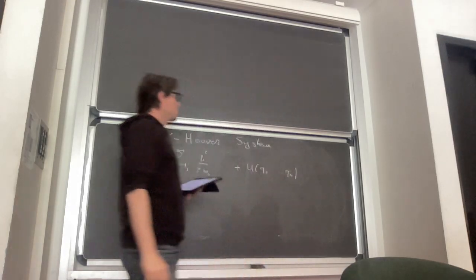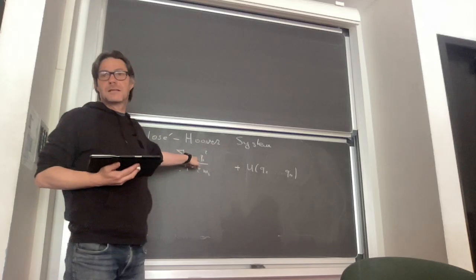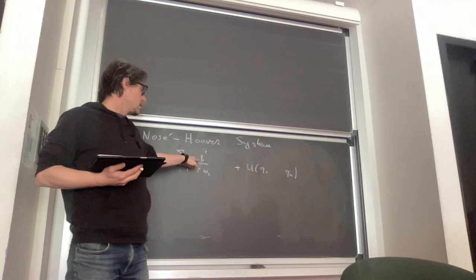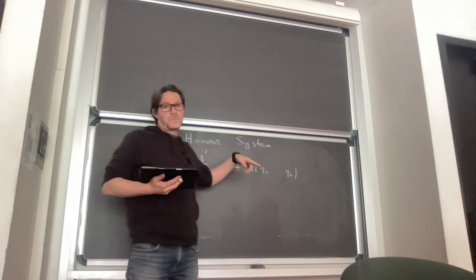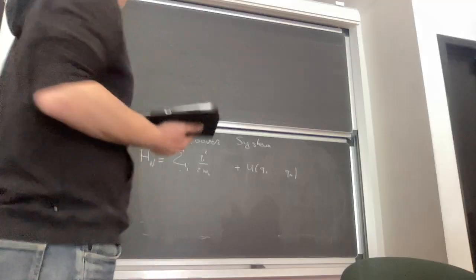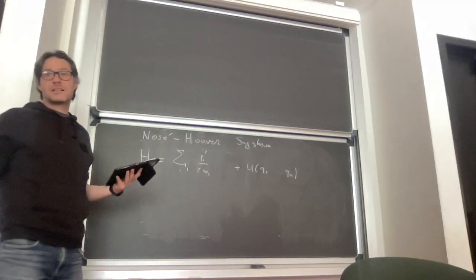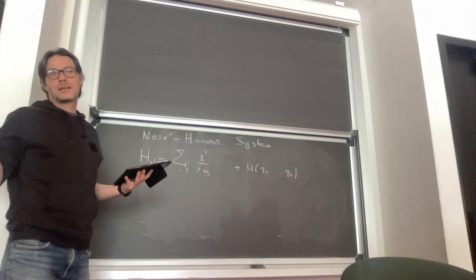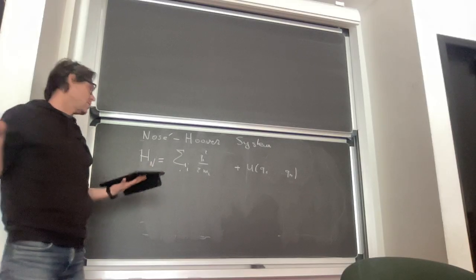Now, I will not use capital letters or vector symbols for momenta and for positions, but I will leave that as implicit. So these are our three-dimensional vectors. Now this would be the normal Hamiltonian of my system that yields the microcanonical ensemble. It's just the Hamiltonian of the system.